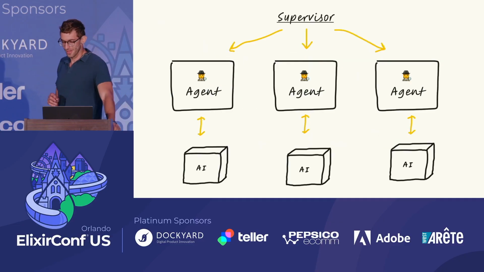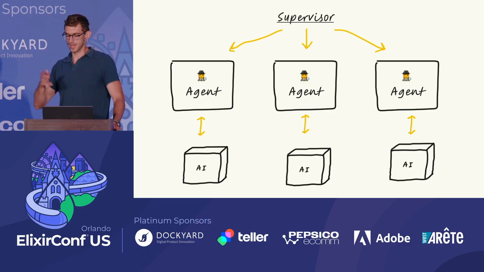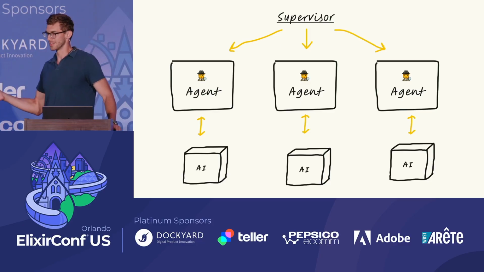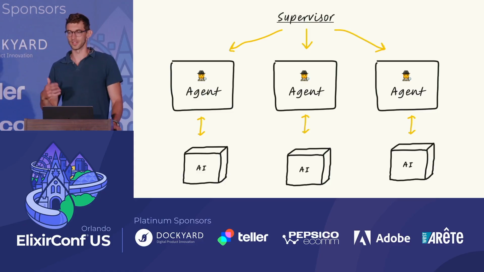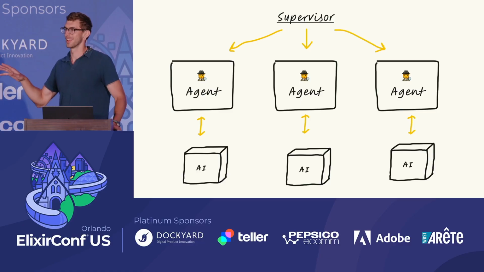And the way I've been thinking about this pattern is I have a supervisor which manages individual AI agents, which are GenServers or Elixir agents, that make calls to their own little AI magic box, which serves as their brain.